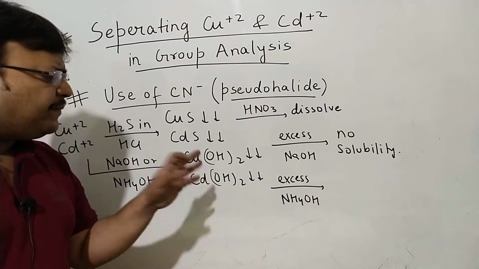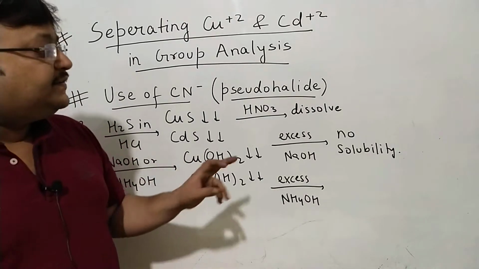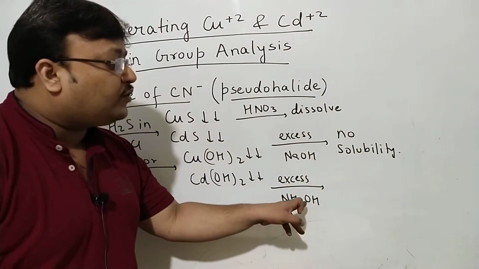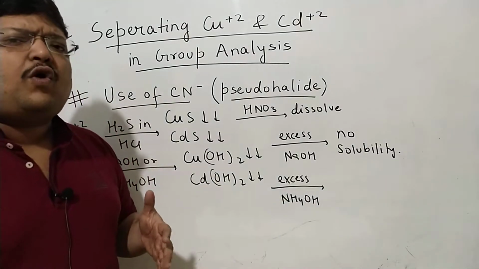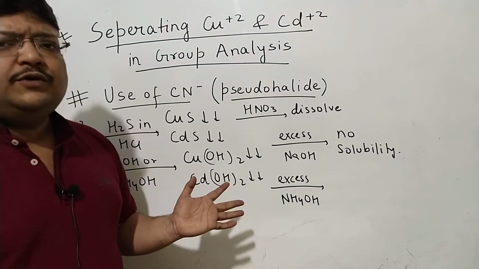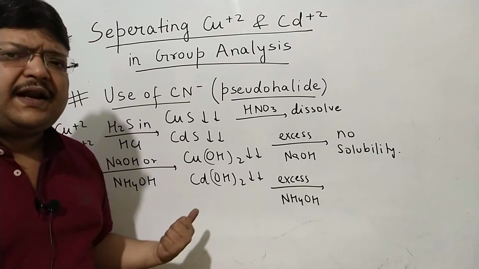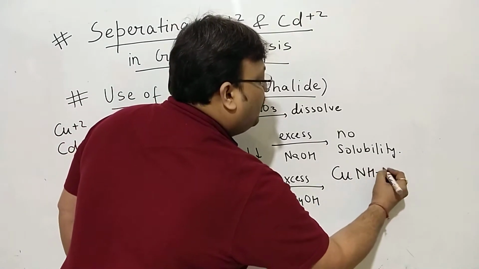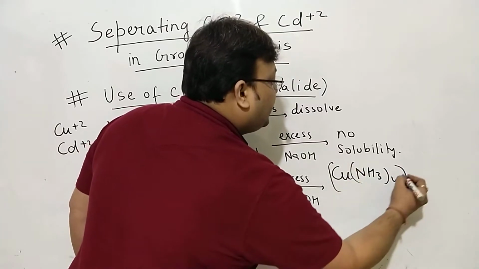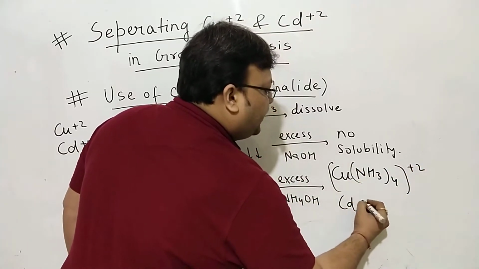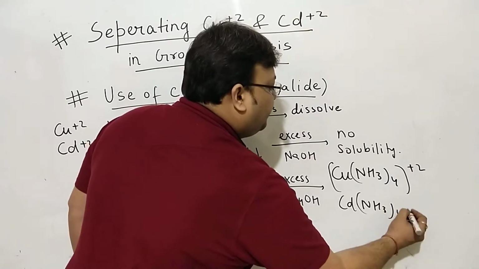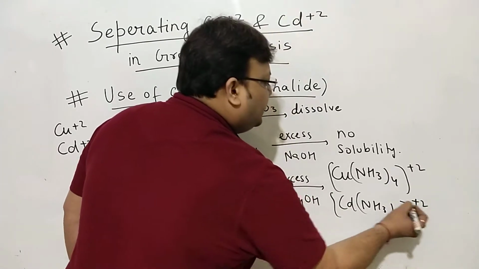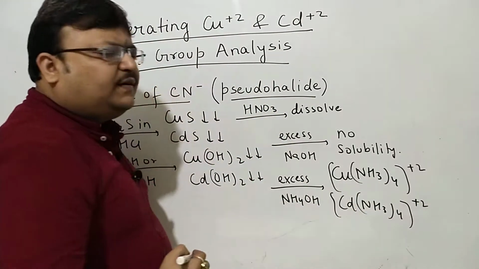Neither copper nor cadmium does that, whereas something dissolving in excess of ammonium hydroxide requires it to form a complex with ammonia. In coordination compounds and even in group analysis, you would have seen copper forms a tetrammine complex and even cadmium forms a tetrammine complex. Both are bivalent, both are d-block elements. This is blue and this is a clear solution.